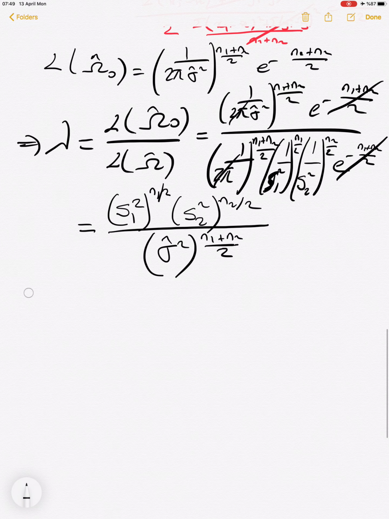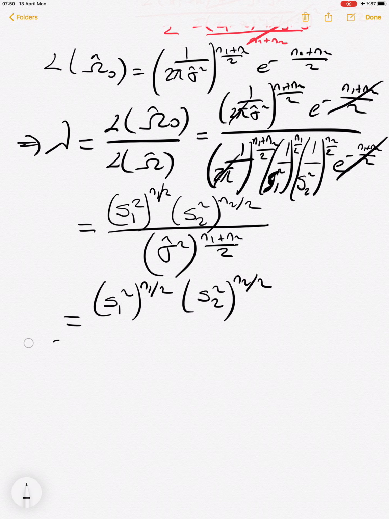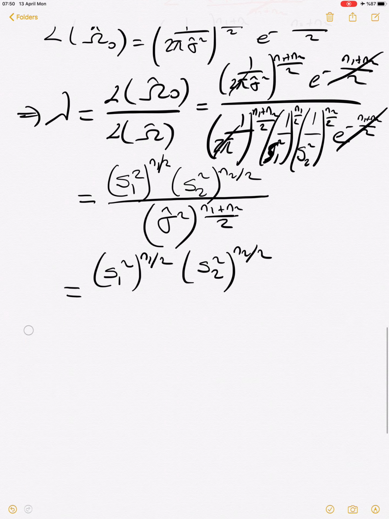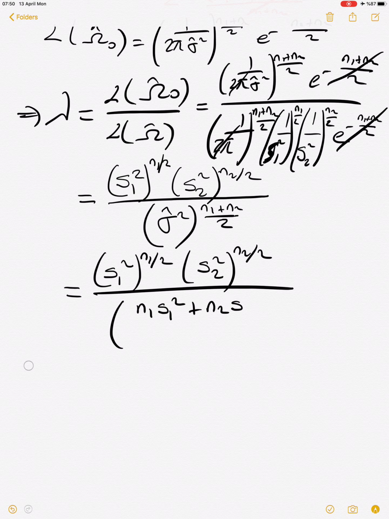So let's open up the sigma hat square. What we have here is (n1 s1 square plus n2 s2 square) divided by (n1 plus n2), to the power of (n1 plus n2) over 2.